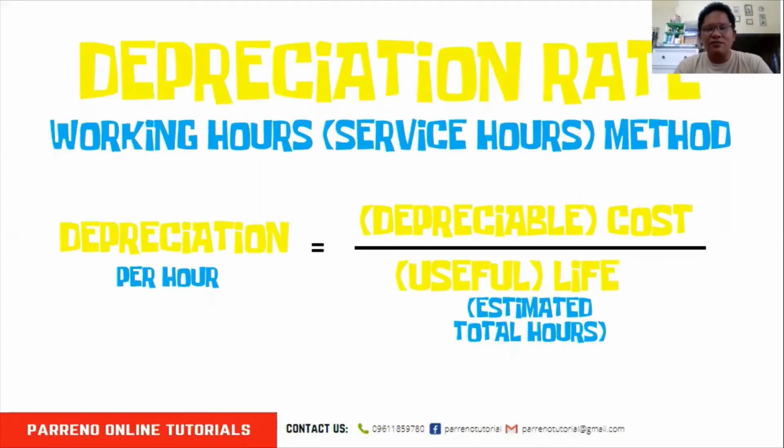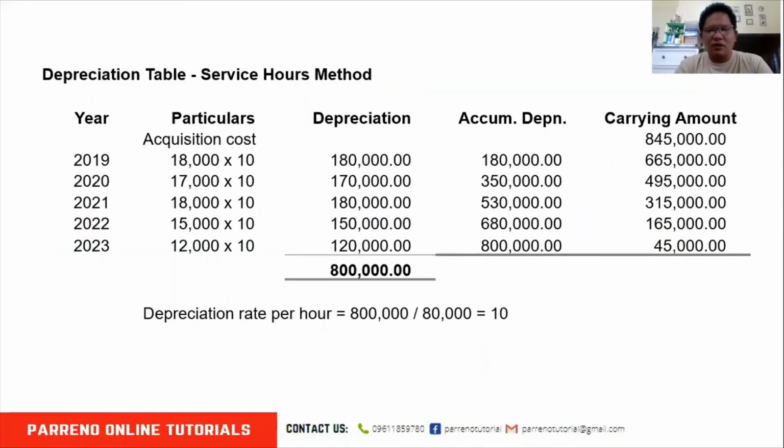Then we have the working hours method, where the total depreciable cost is divided by the total hours expected to be served by this machinery. So our depreciable amount is 800,000 divided by 80,000 total expected hours for this machinery.